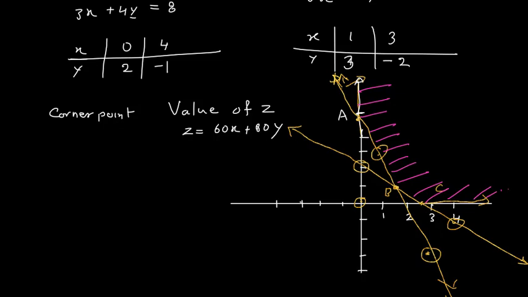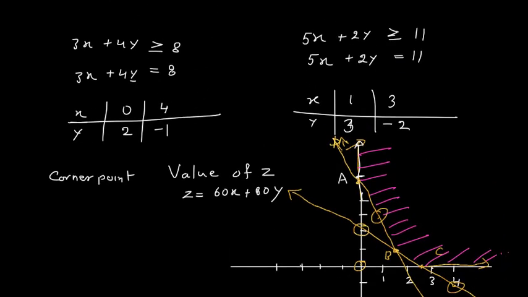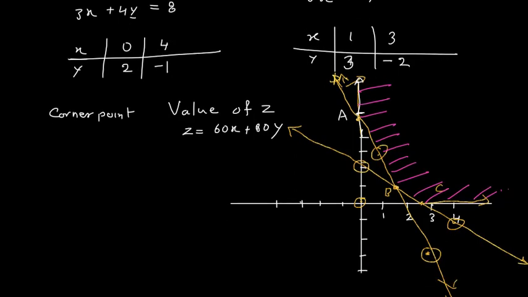Now I have corner points. For corner point A, what is its value? For that we solve this line, x equal to 0, and this line 5x plus 2y equals 11.